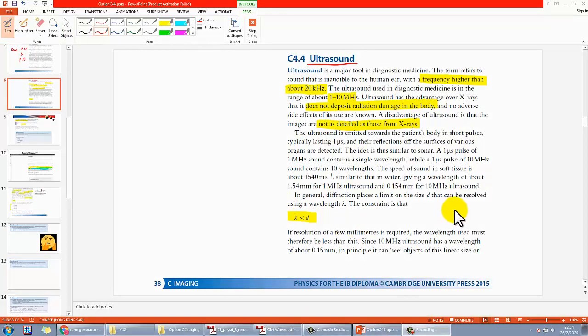Okay, so let me go through some key concepts that you should notice from the textbook. First of all, you should know that the frequency of ultrasound in general should be higher than 20 kHz, and that has to do with how much frequency you can hear.